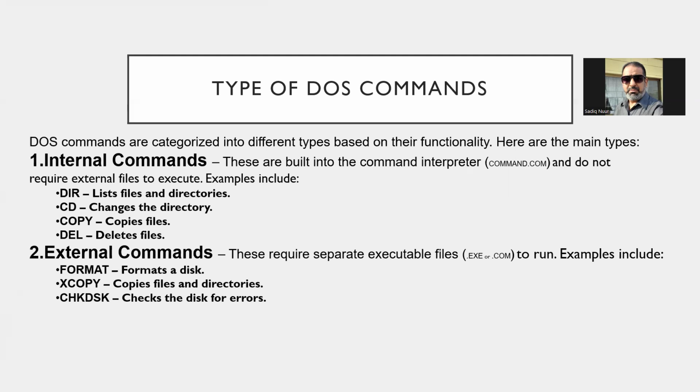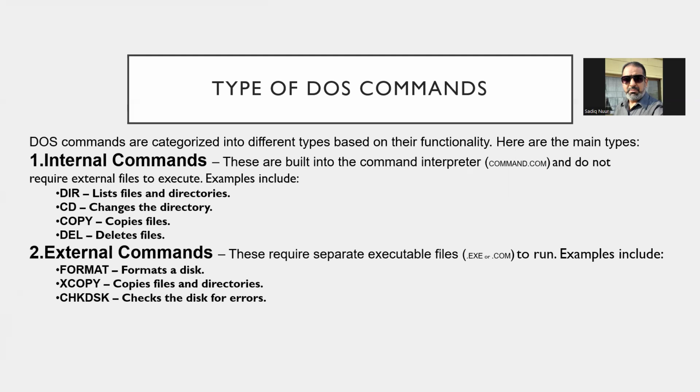Examples are dir to list the files and directories in the current drive, cd to change the directory, copy to copy files, and del to delete files. These are examples of internal commands.